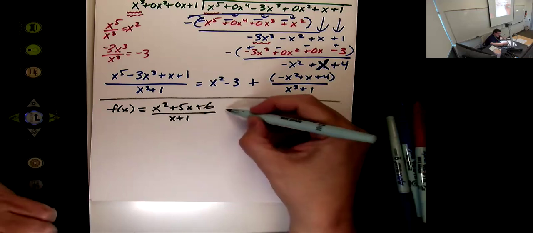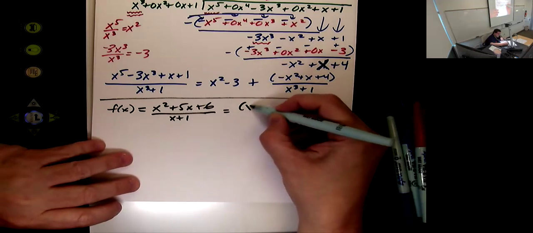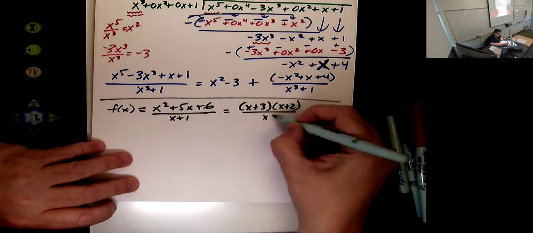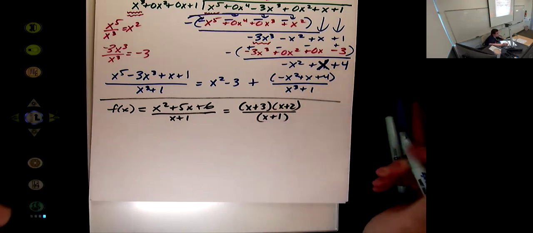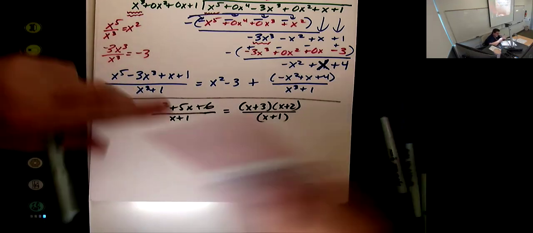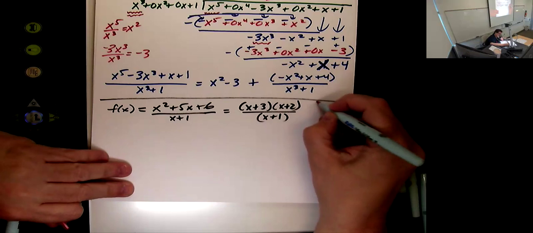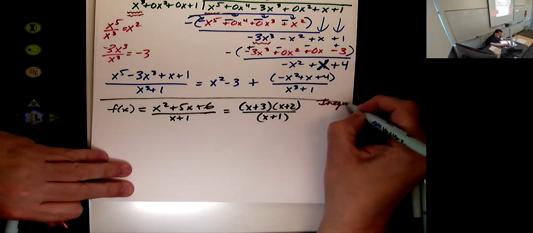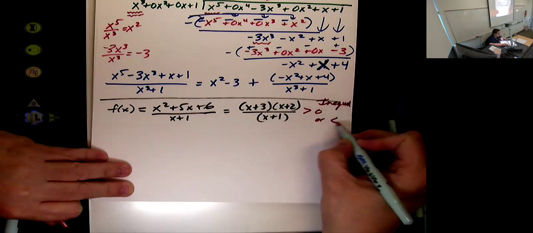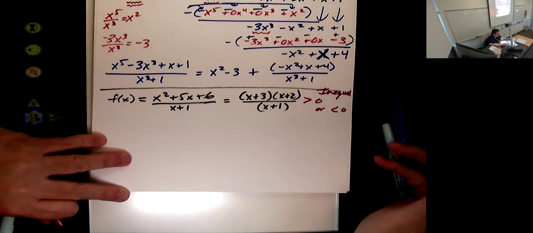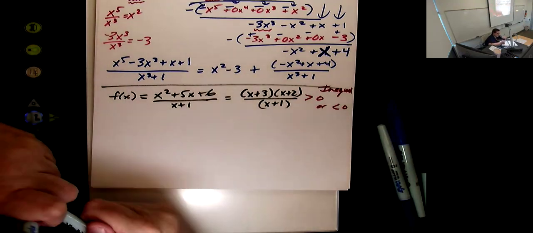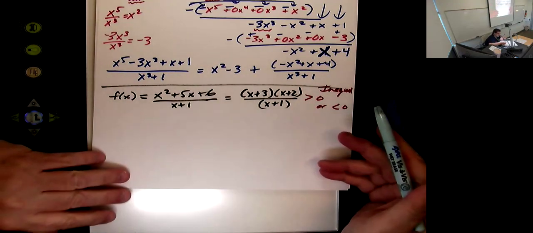And if we factor this, we have x plus 3, x plus 2 over x plus 1. Now, remember when we did inequalities, a while ago, we would say greater than 0 or less than 0 or something like that, and we did this sign chart thing. Well, we're going to do that without even having the inequalities.